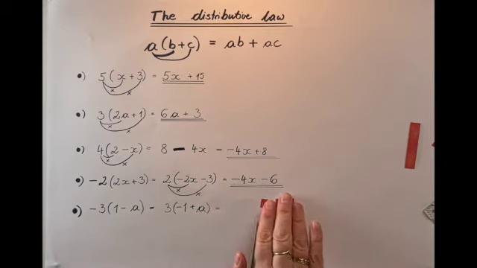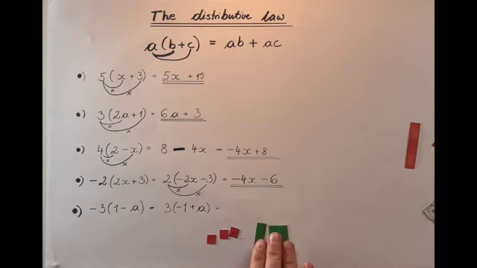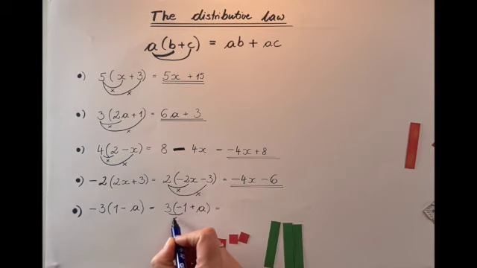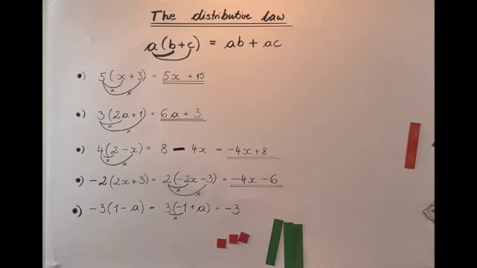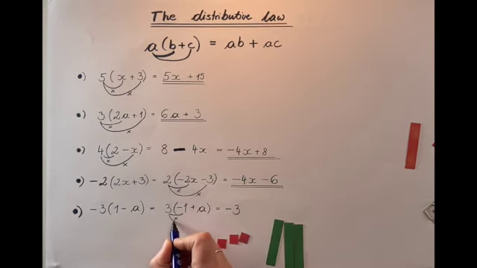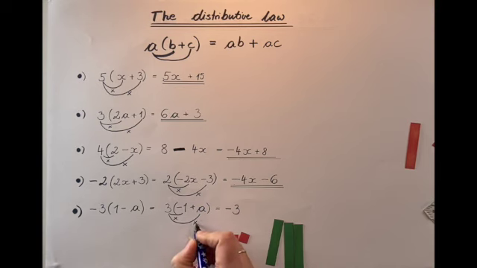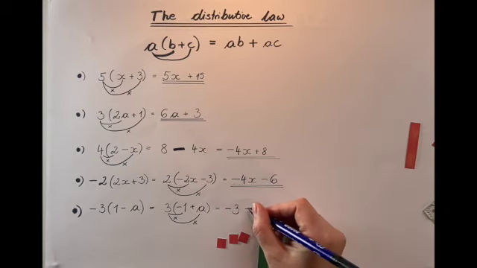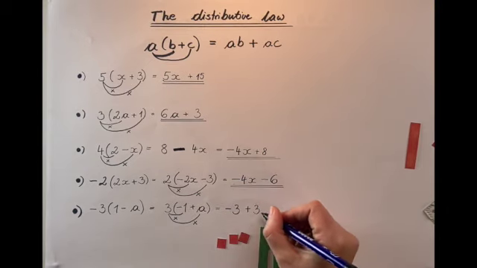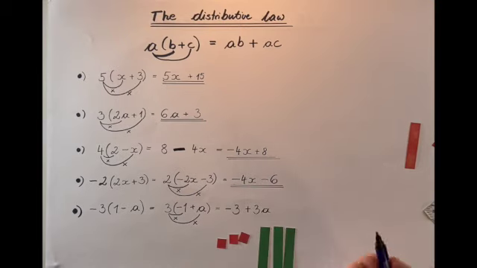And what do I get? 3 times negative 1 gives me 3 negative units. 3 times a gives me 3 lots of a's. And that's already the answer to this question.